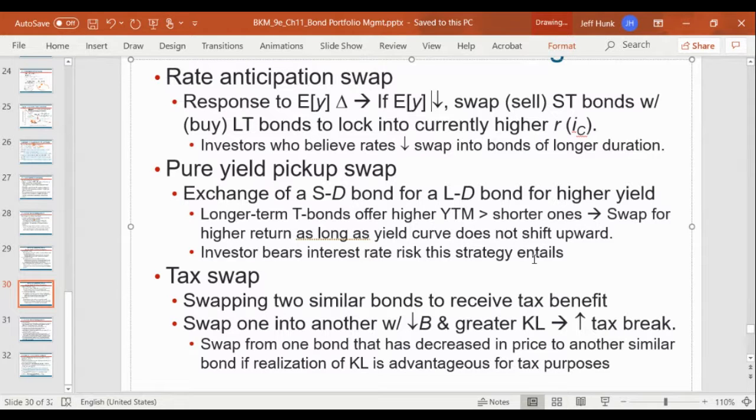So obviously the financial distress is much lower. In other words, default risk is much lower for the long-term bonds. And since they only need to pay out coupon interest, they can weather the storm. They can weather the recession. Okay, you get that? So that's the reason.